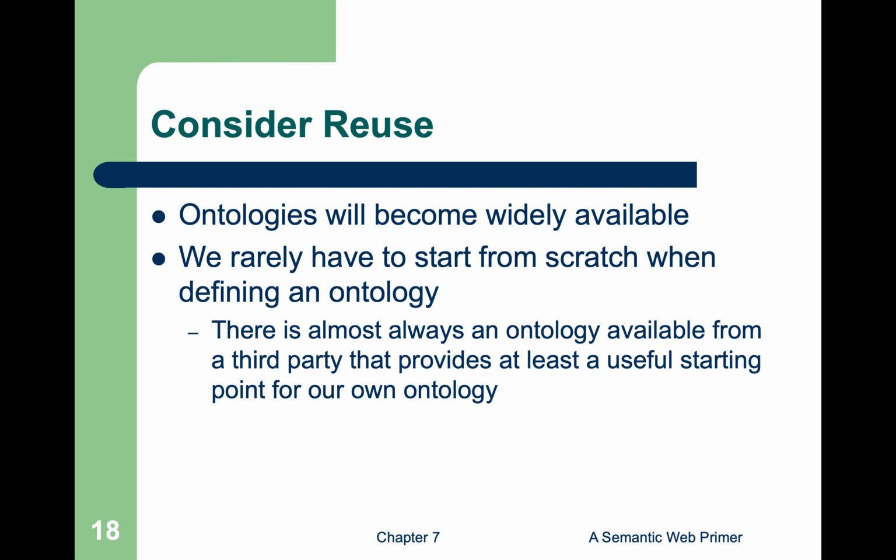So the next step of the process is we need to consider reuse. If we want an ontology of a specific domain, we should first check if an ontology for that domain is already available.